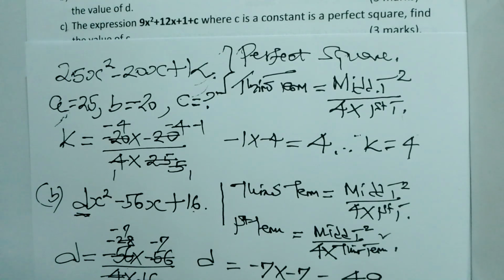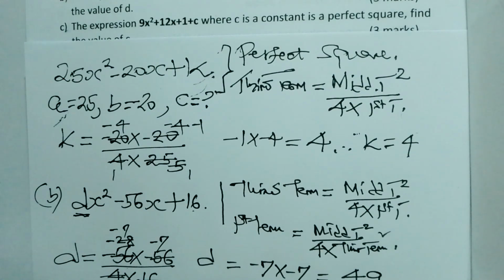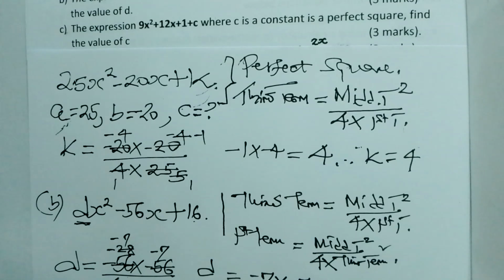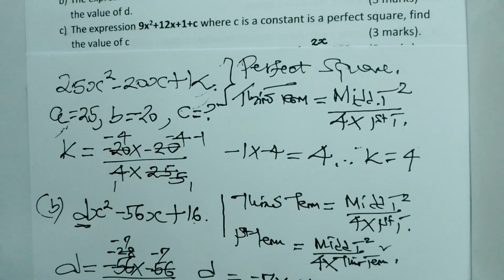We are told that the expression 9x squared plus 12x plus 1 plus c, where c is a constant, is a perfect square. Find the value of c.